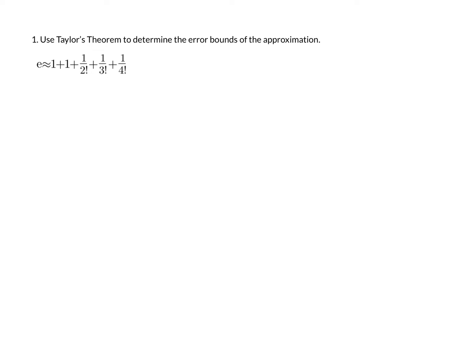I actually think this problem is better understood if we look at a Taylor polynomial, because the Taylor polynomial will help us explain what it is we're looking for. So we know that e to the x is the sum from n equals 0 to infinity of x to the n over n factorial.